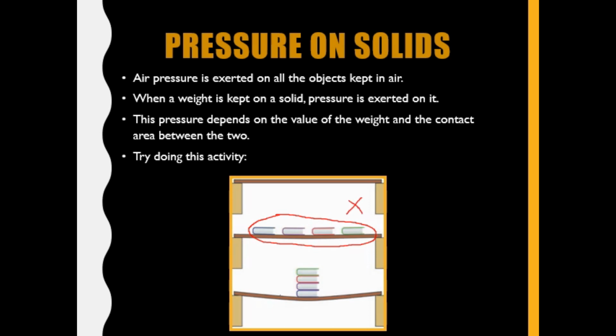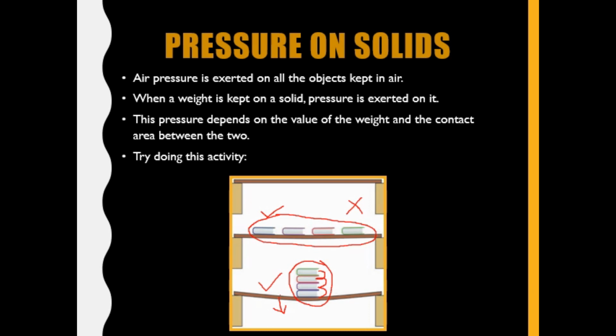But take all the objects and keep them one over the other. You can see one is placed over the other. Now what happens? You can see the scale bending down, isn't it? Why is it so? In both the cases, the weight is the same, isn't it? What is the difference?